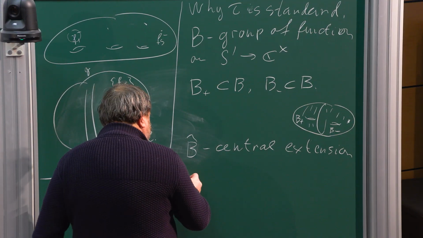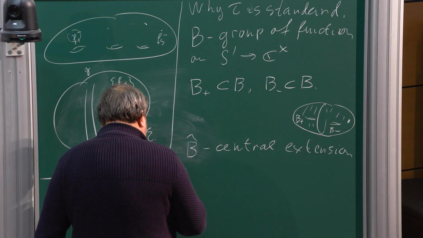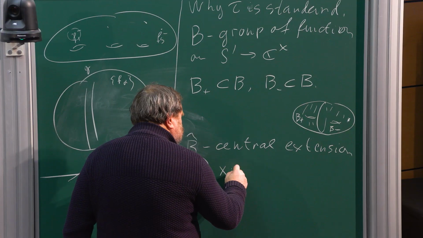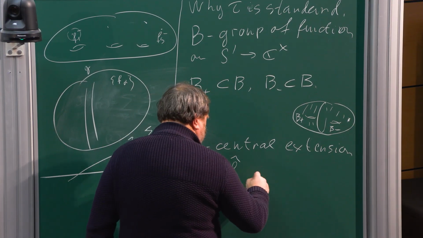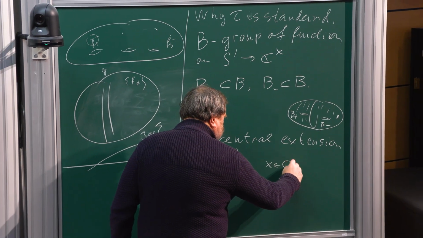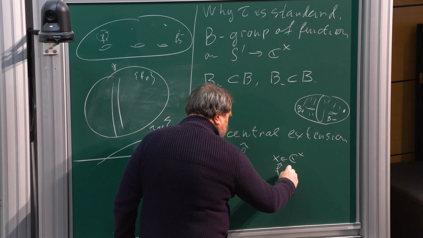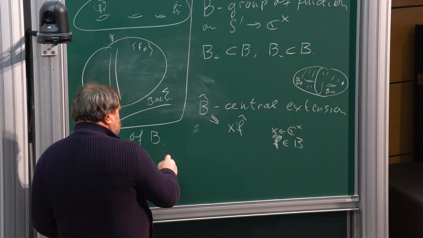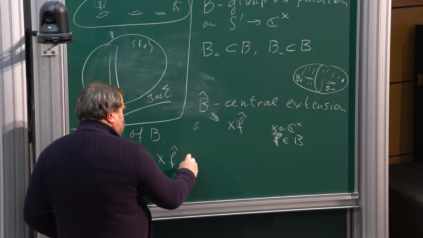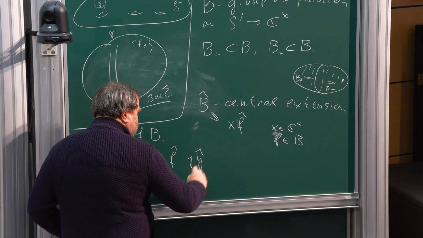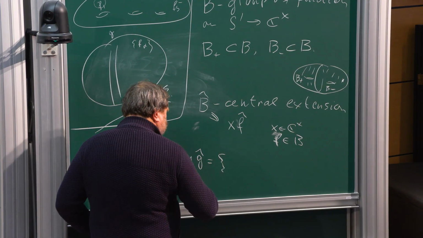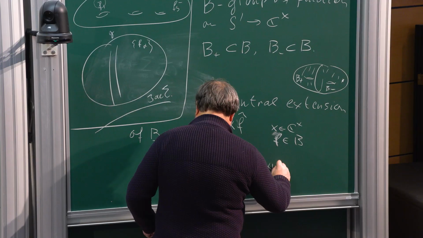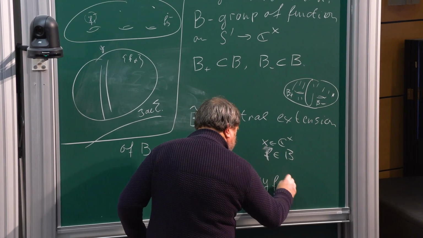Elements of this central extension can be written as x f hat, where x belongs to C star and f belongs to B. And the product is defined so that x f times y g is equal to the g minus f plus xy fg hat.